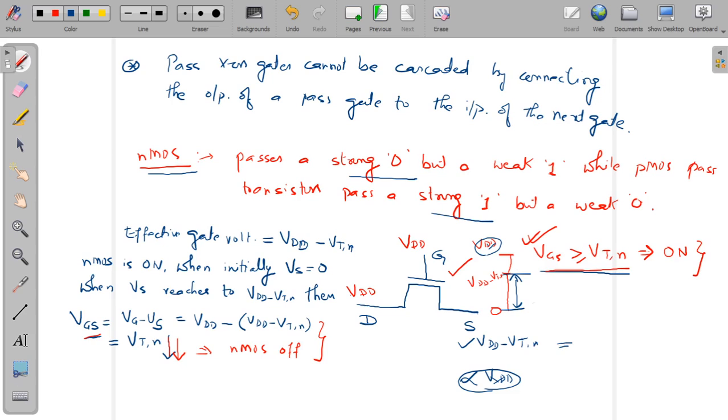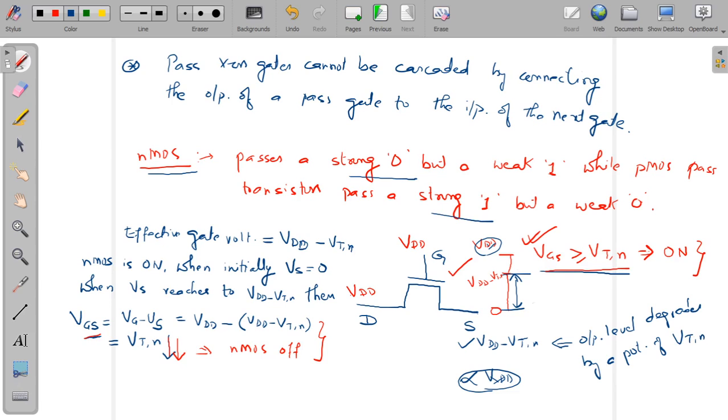So this implies that the output level degrades by a potential of VTN.